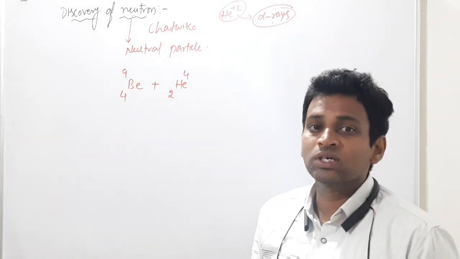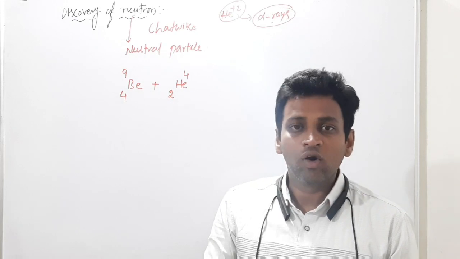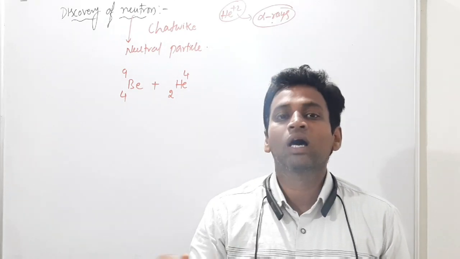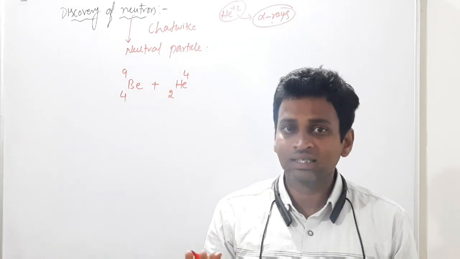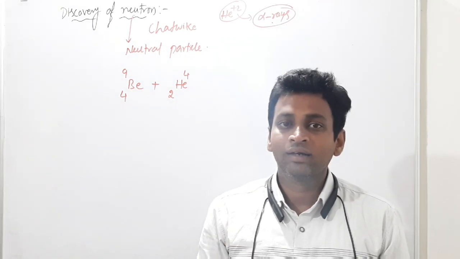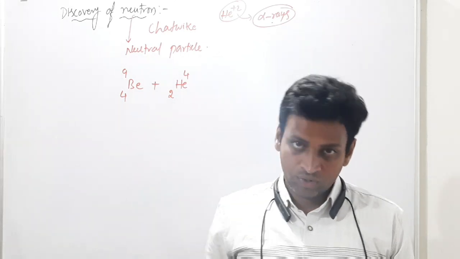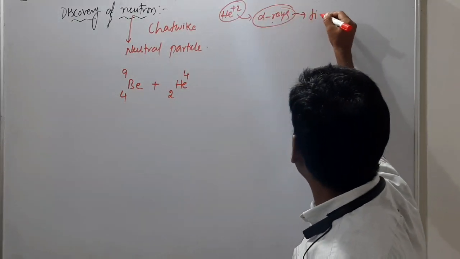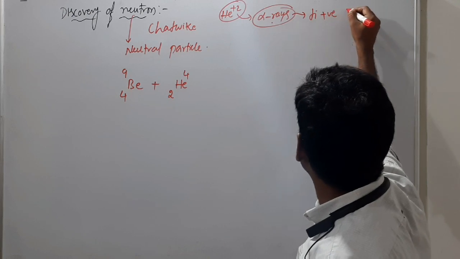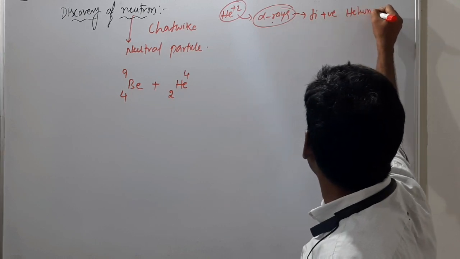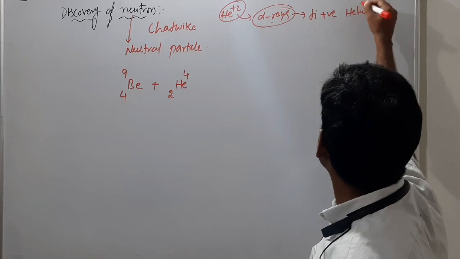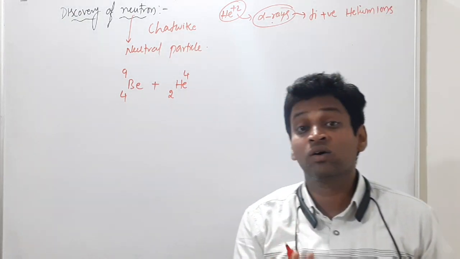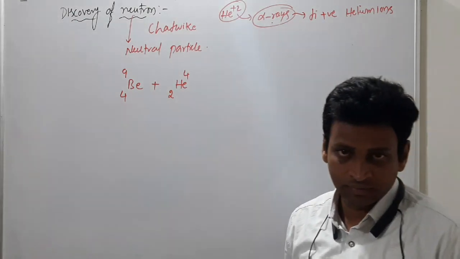The species formed after removal of 2 electrons from helium are called alpha rays. Alpha rays consist of dipositive helium ions. Dipositive helium ions are called alpha rays.